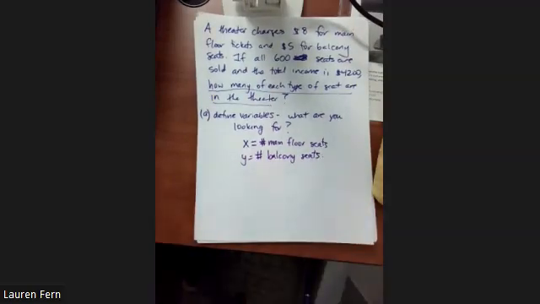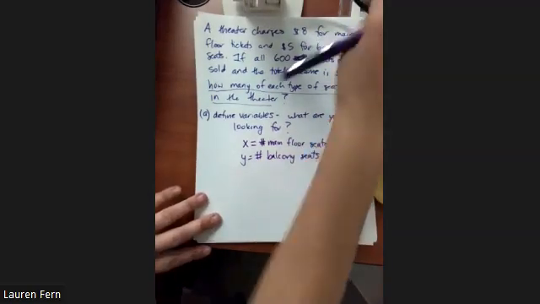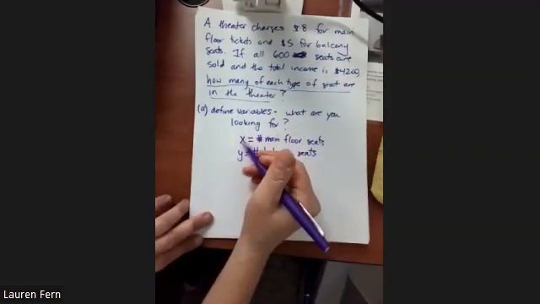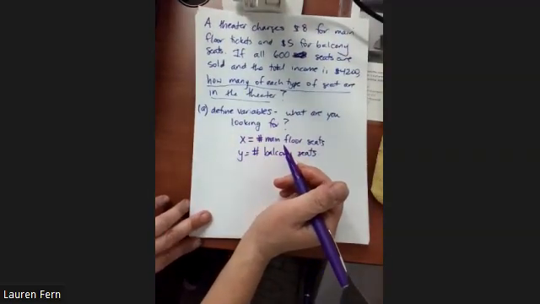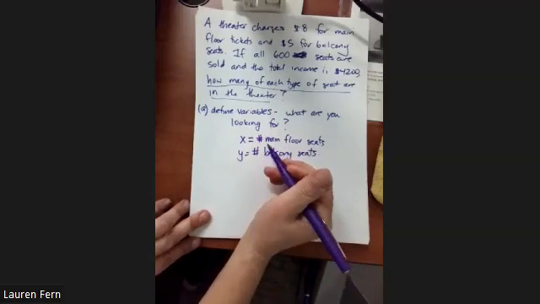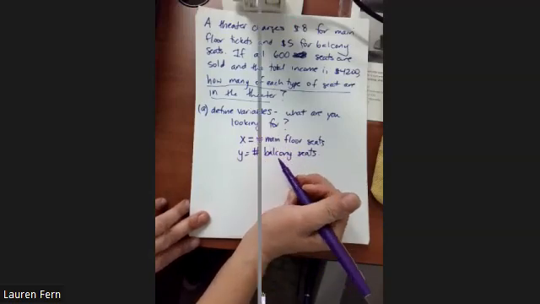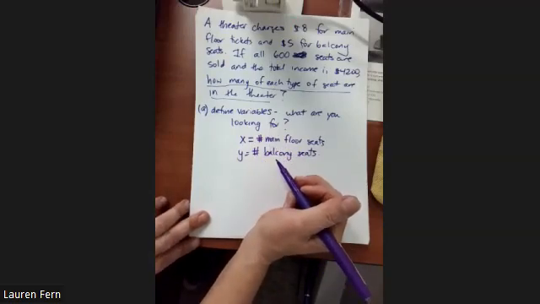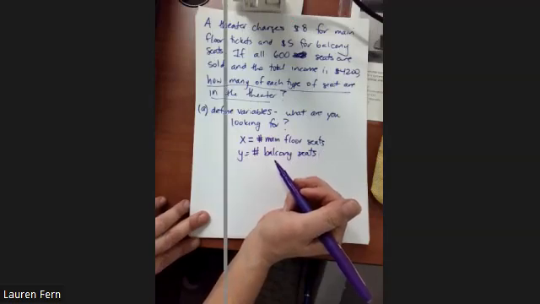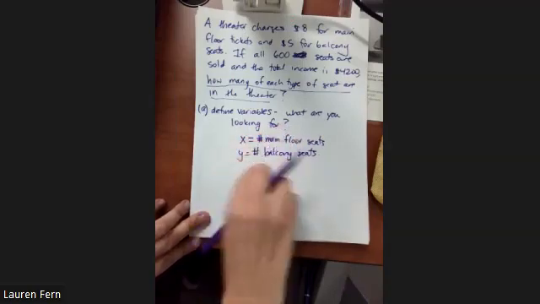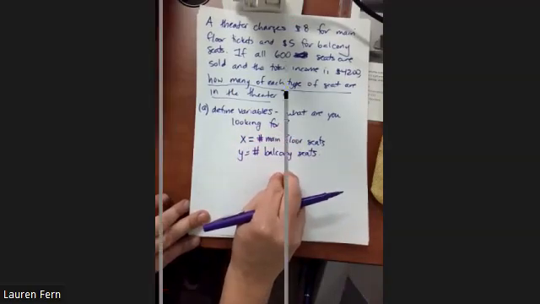Notice I don't say X equals main floor seats. I say number of. We're looking for a quantity, and that distinction is important. Any questions on how I got this?